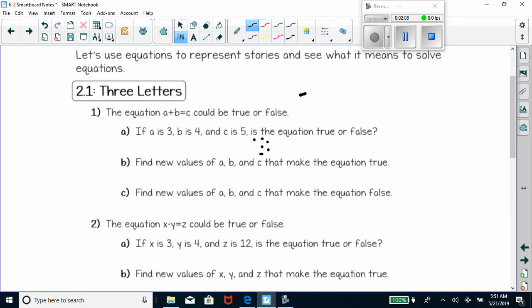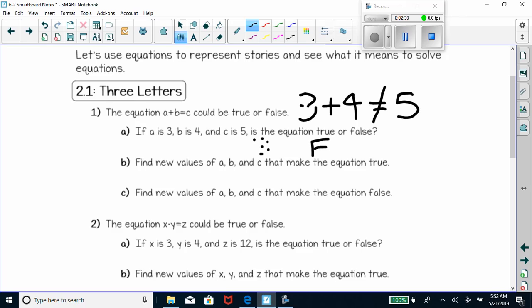If A is 3 and B is 4 and C is 5, is this a true statement? Is 3 plus 4 equals 5? No, it's not. On the left side, 3 plus 4 equals 7, and on the right side is 5, and they are definitely not equal. So this equation would be false.